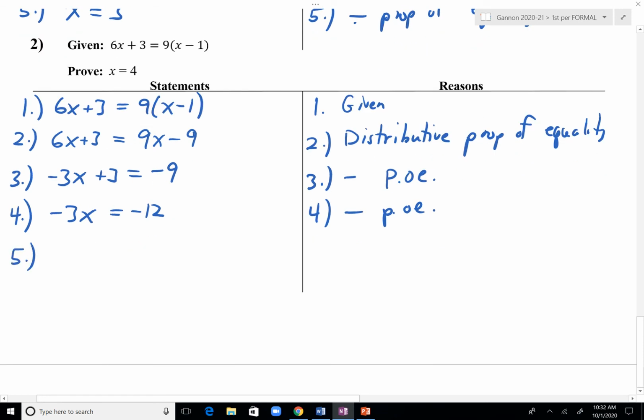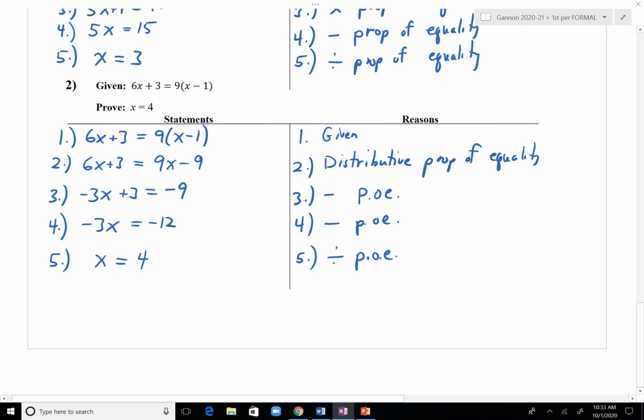The fifth step, we'll get x alone. We're going to divide both sides by -3. That'll give me x on the left side, and -12 divided by -3 is a positive 4, because negative divided by negative is always positive. We divided, so that is the division property of equality.